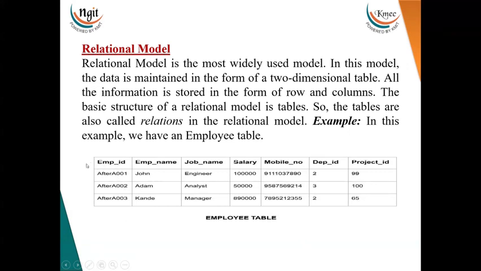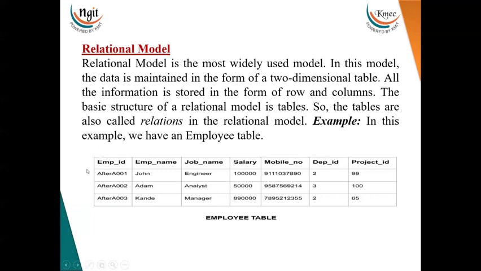The topmost row can be represented as the features, characteristics, or attributes of the entity. And each and every subsequent row can be represented as a record. And each and every column is represented as a feature. So this is about the relational data model, which gives detailed information about every entity.